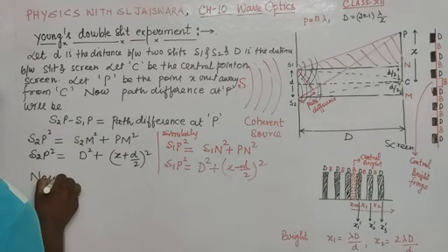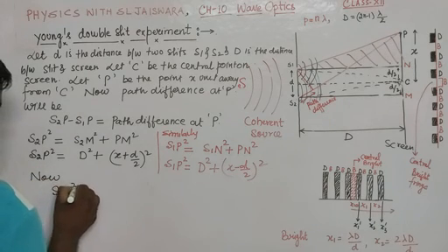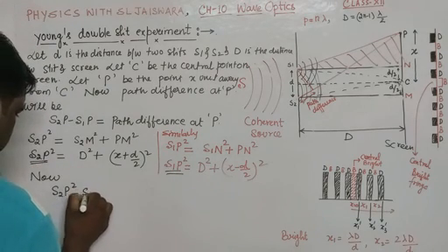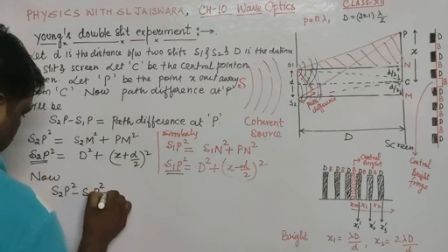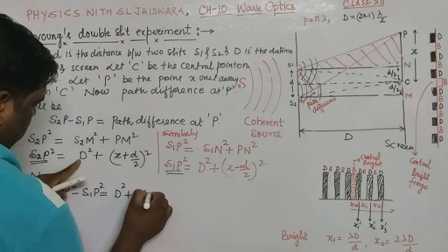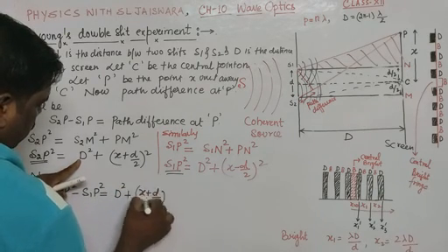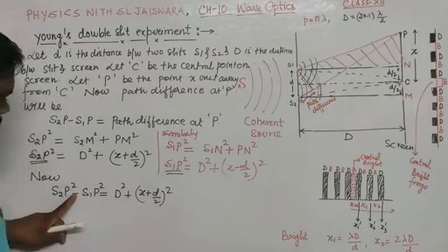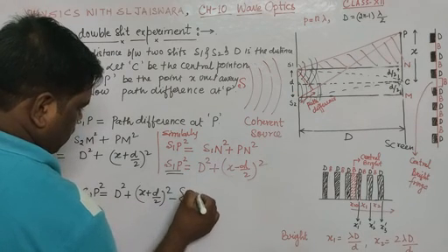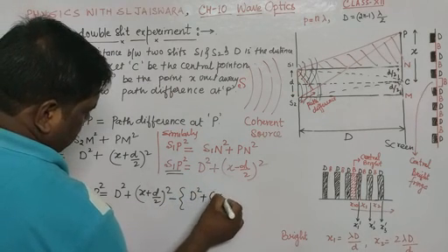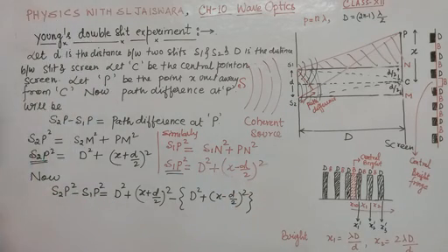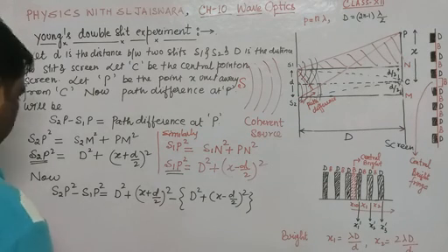S2P square minus S1P square will be equal to d square plus x plus d by 2 whole square, then minus S1P square, that is d square plus x minus d by 2 whole square, in curly brackets. Let us simplify further.